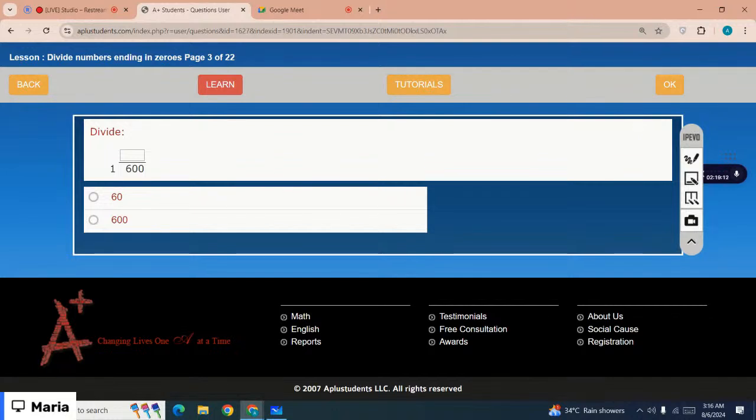Is 600 divided by 1, which is the correct option?